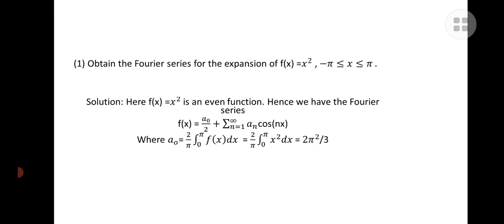That is, for the expansion f of x is equal to x square, which is defined in the interval minus pi comma pi. So that means it is an example for the interval minus pi comma pi. If we go for the solution, f of x is equal to x square and f of minus x is equal to minus x whole square, that is equal to x square, which is equal to f of x.